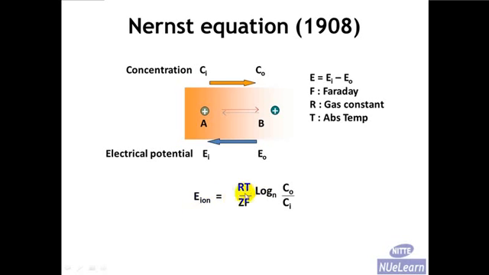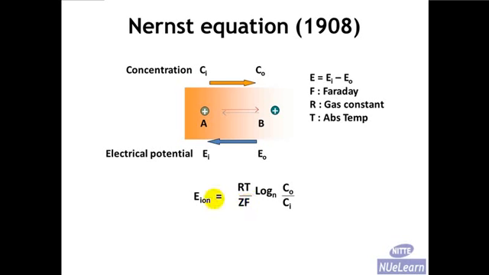There are a few constants in this equation. For example, the gas constant, the absolute temperature in Kelvin. Z is the valence of the ion under consideration. So for a cation like potassium, it would be positive, and for an anion like chloride it will be negative, and F is Faraday's electrical constant.